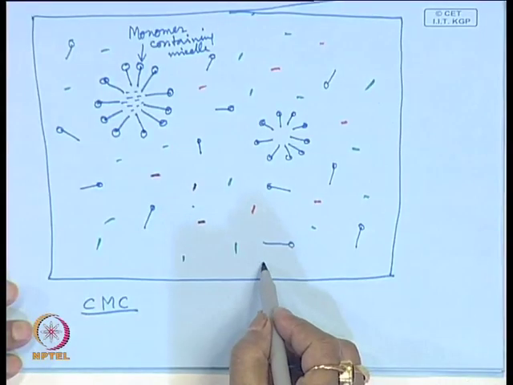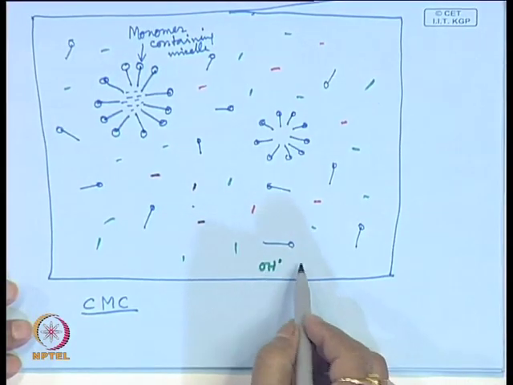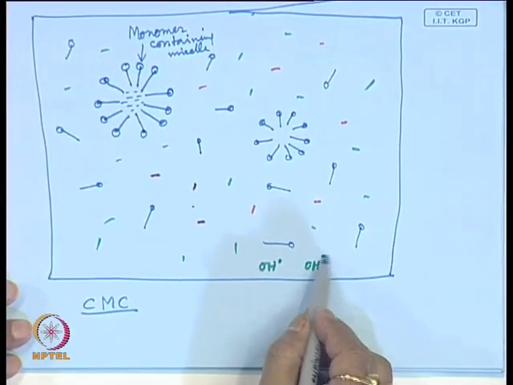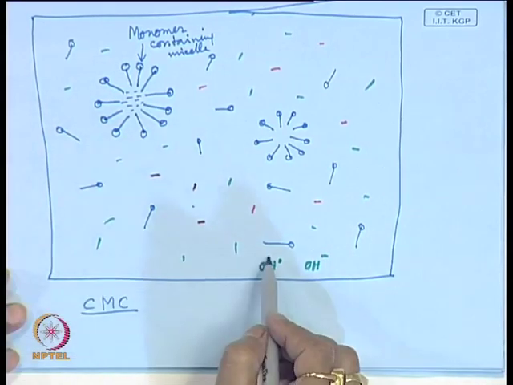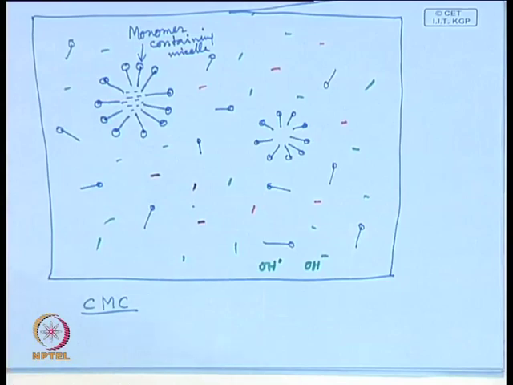You know that reaction: hydrogen peroxide and ferrous sulphate react to form OH ion and OH free radical, and ferrous is converted to ferric. Now, this OH radical, being tiny in size, what does it do?